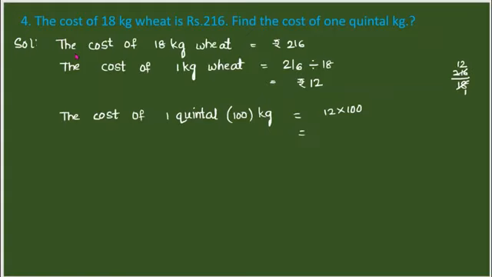So here 1 quintal and 100 kg both are same, children. Remember that 1 quintal itself is 100 kg. You need not write 1 quintal kg, just 1 quintal is enough. Or we can write 100 kg equals 12 into 100, that is rupees 1200.